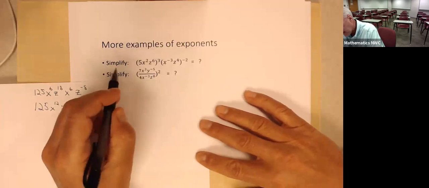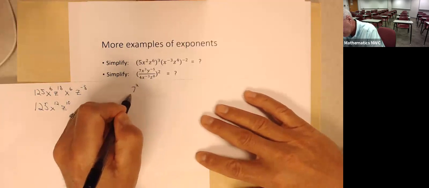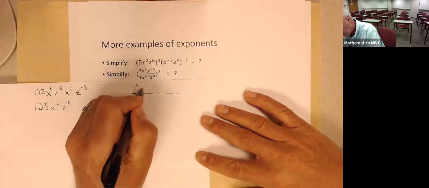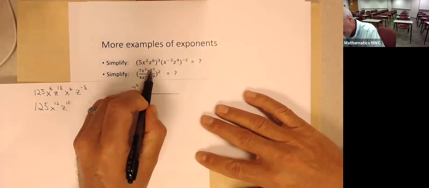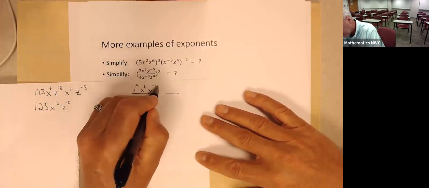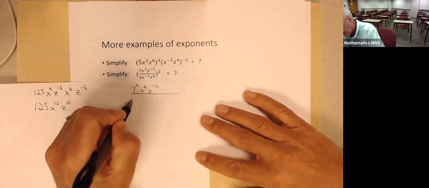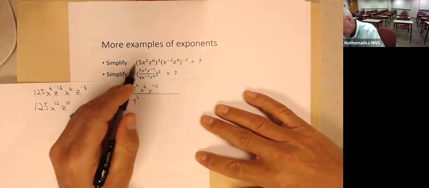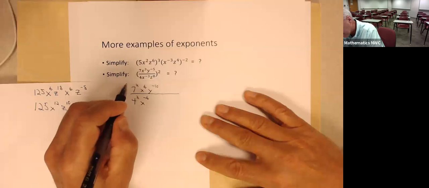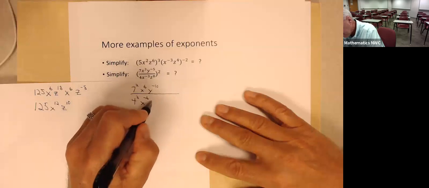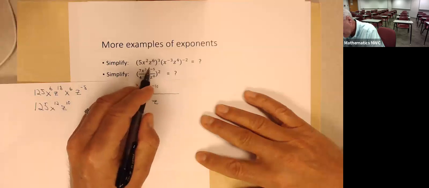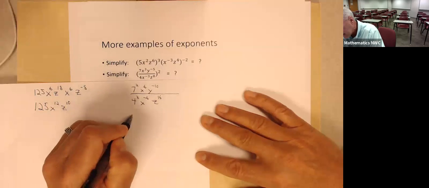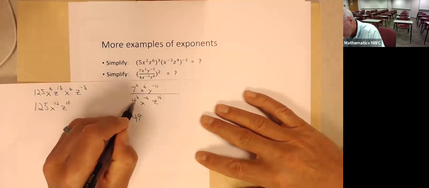The 7 is to the 2nd power. x to the 3 to the 2nd would be x to the 6, I multiply. y to the negative 5 to the 2nd is y to the negative 10. 4 is to the 2nd. x to the negative 3 to the 2nd, that's a power raised to a power, so it's going to be a negative 6. z to the 8th raised to the 2nd is to the 16th. So I end up with 49, 7 squared, over 16.